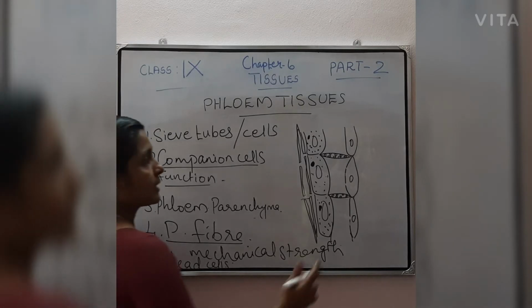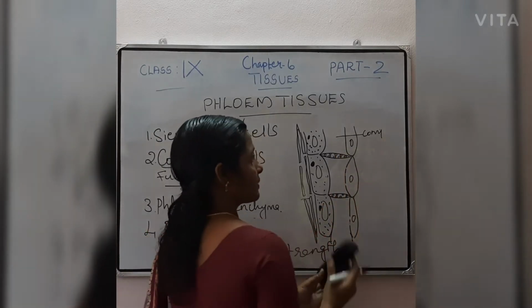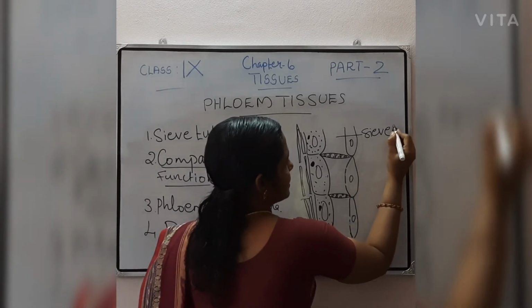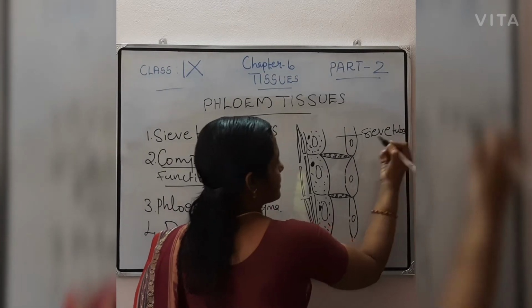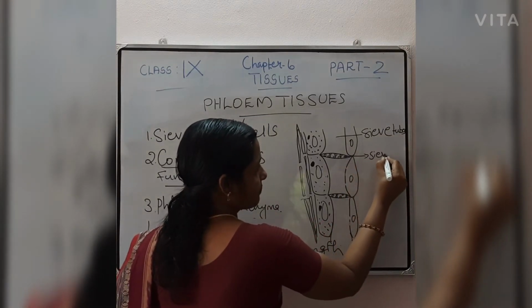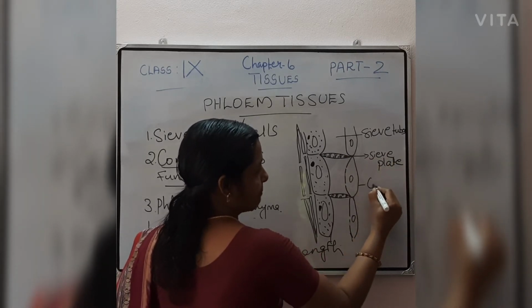Understand? So once again, these are the sieve tubes, or sieve cells. Here we can see the sieve plate, and these are the companion cells.